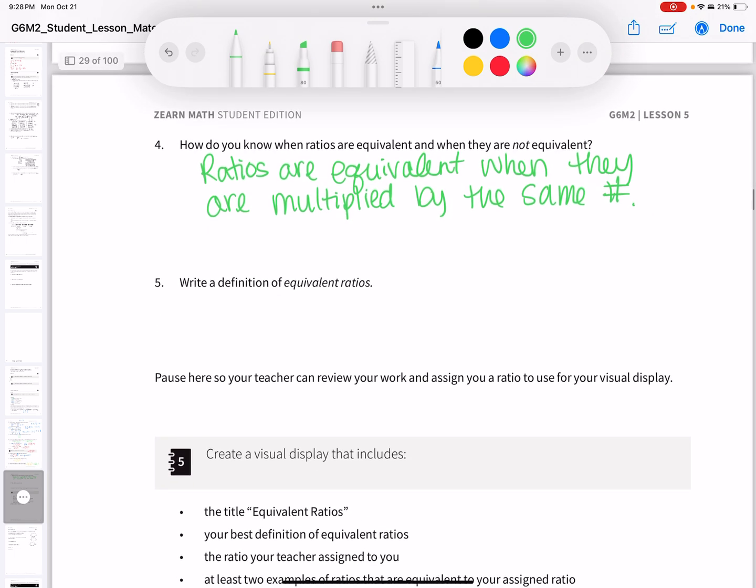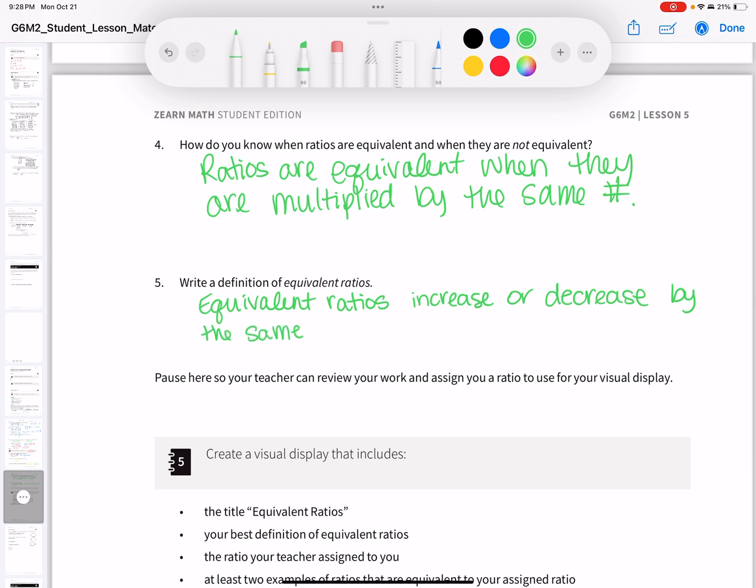Write a definition of equivalent ratios. Okay, so equivalent ratios increase or decrease by the same number when multiplied by that number.